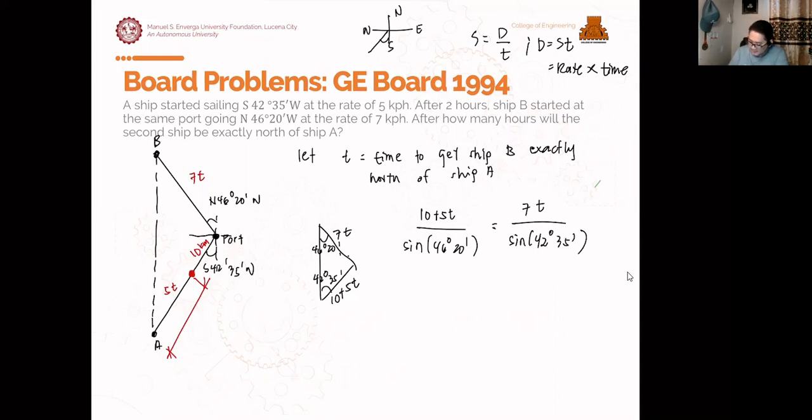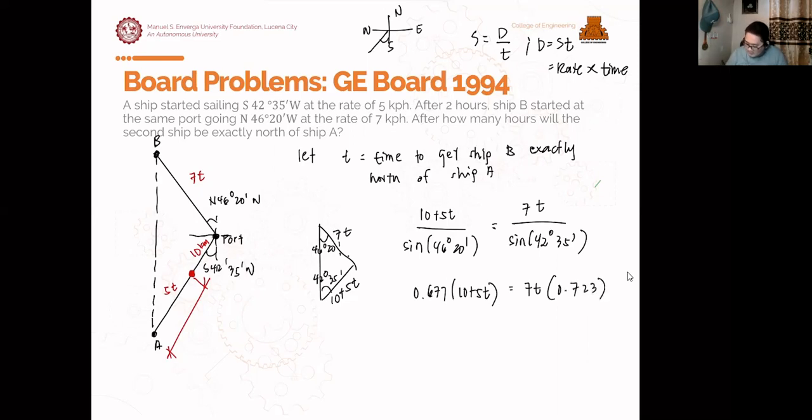So let's simplify. Or maybe let's get the equivalent decimal value of sine 42 degrees 35 minutes, which is 0.677, times 10 plus 5t. I'm just cross multiplying. So 70 times sine 46 degrees 20 minutes, which is 0.723.